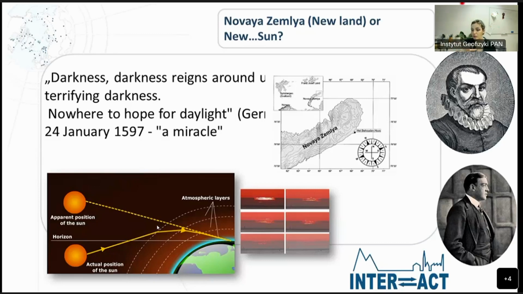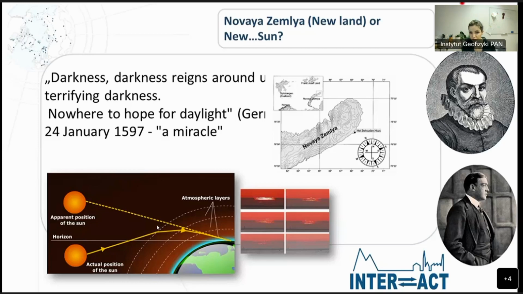Their ship was crushed by ice, and the sailors were trapped. And eventually Barents died of scurvy in 1597. So the surviving crew members escaped this ice trap, and some of them survived in lifeboats.